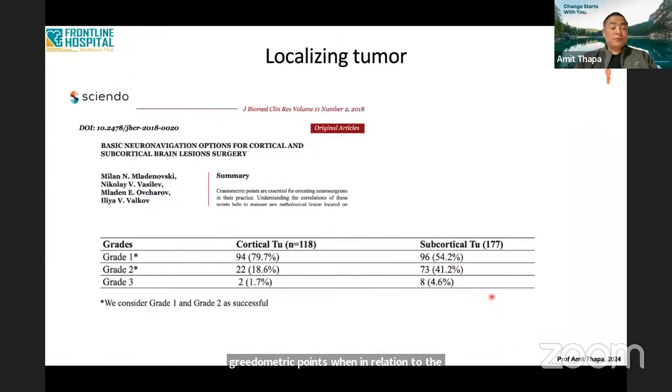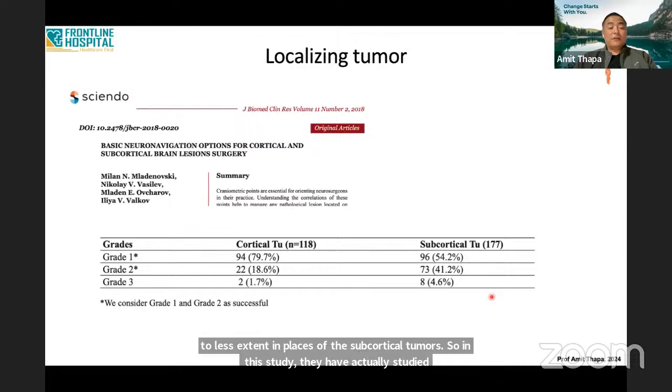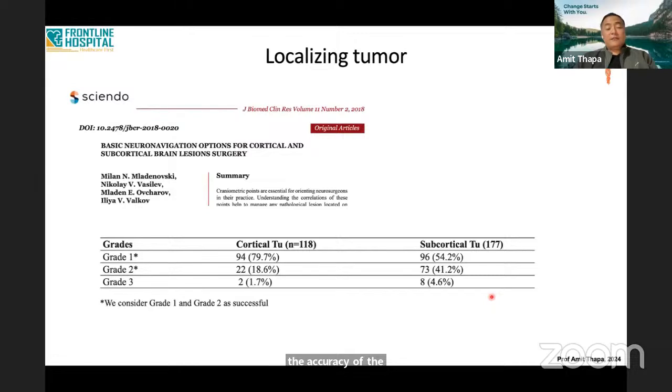Now, studies have shown that if we follow these landmarks, we can be very much able to identify the cortical tumor, and to a lesser extent the subcortical tumor. In this study, they studied the accuracy of the navigation when we use the craniometric points.